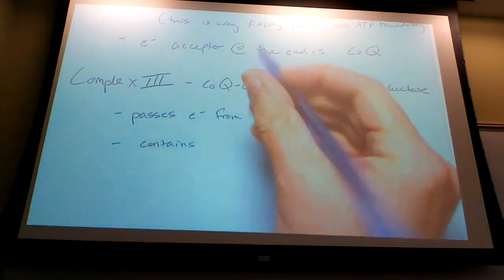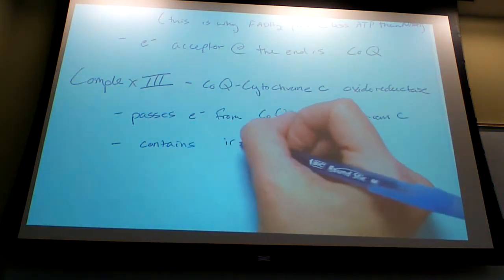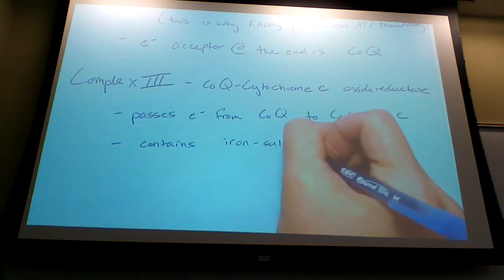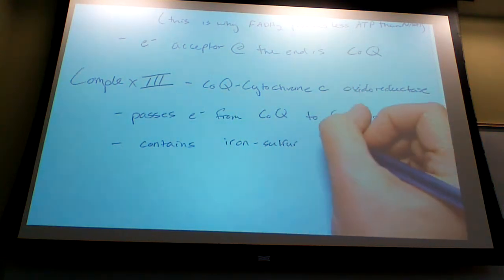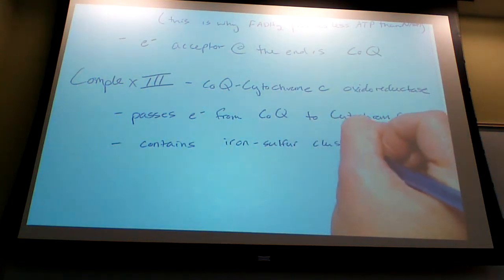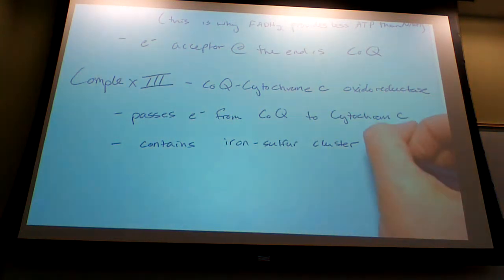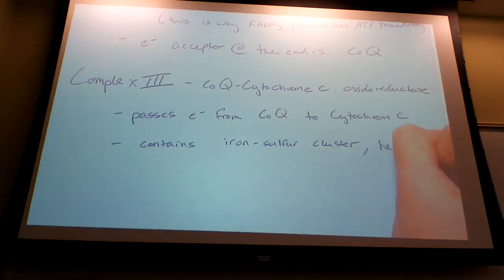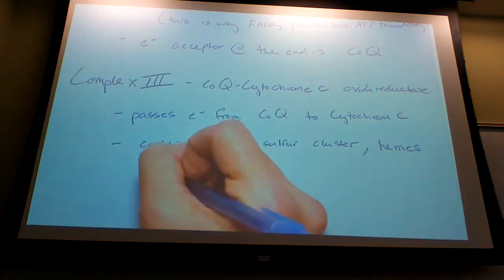Contains an iron sulfur cluster. Hemes, and this can be both B's and C's.